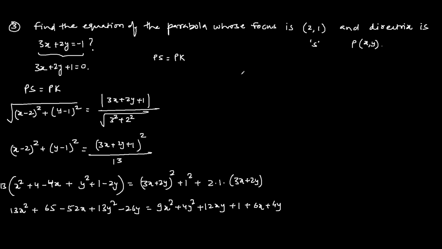So 13 minus 9 is 4x square, and then 13 minus 4 is 9y square.